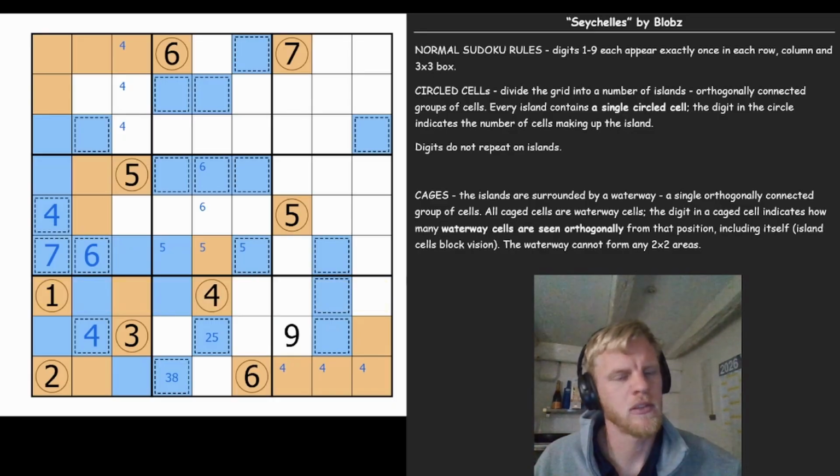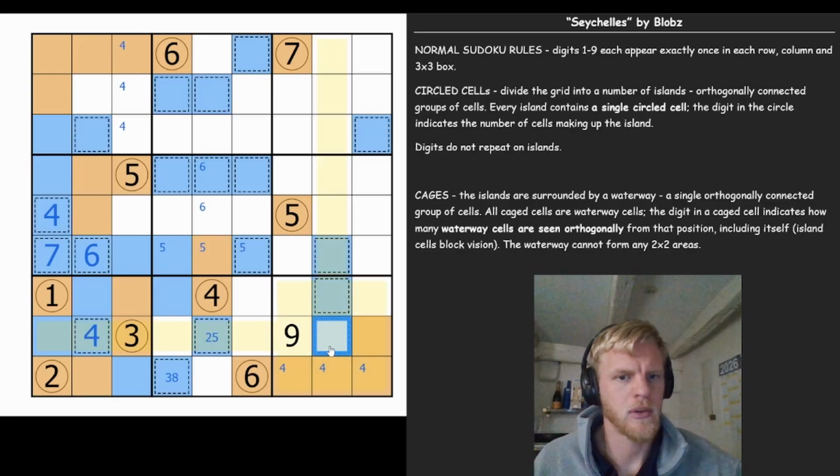So we don't get a 2 by 2 waterway area. We do know one of those is definitely land. Yeah, we knew that kind of from the beginning.